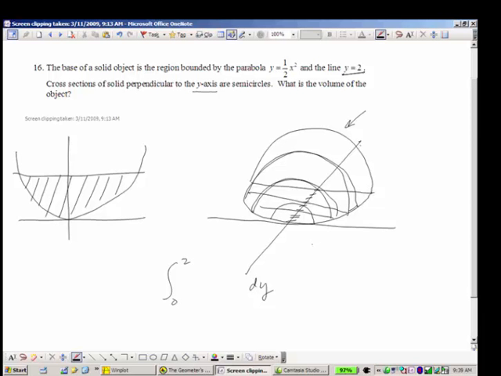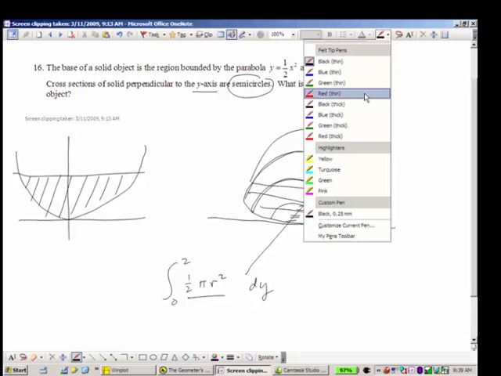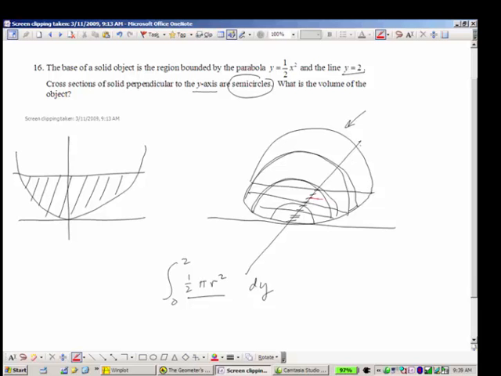Now, what's the equation for a semicircle? 1/2 pi r squared. So whatever your area is, that goes in here. Now I have to figure out what r is. r is an x value.